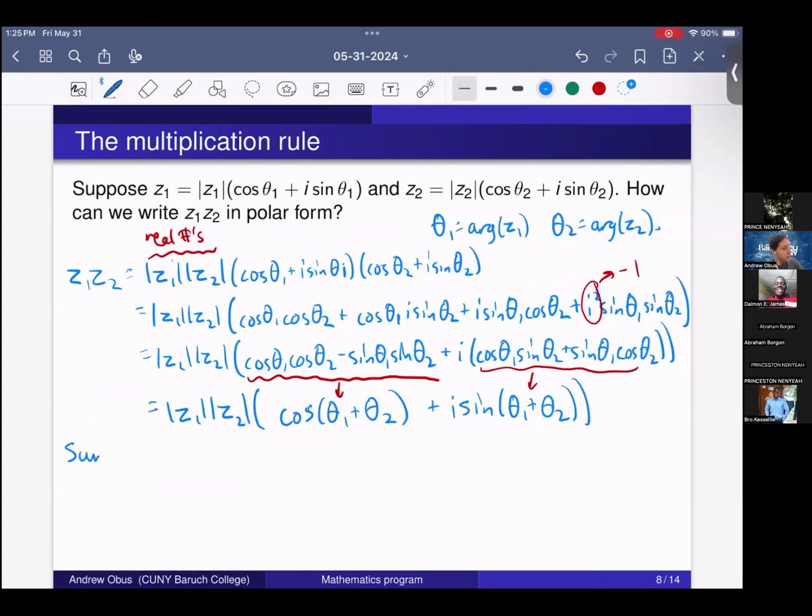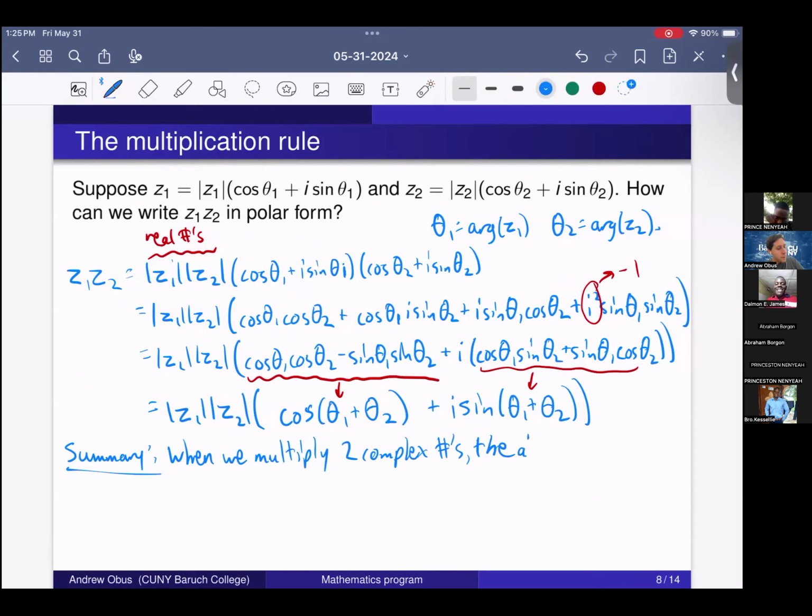Summary. So what happens? Well, when we multiply two complex numbers, what do we have to do with it? Well, this is the product, right? So it looks like the absolute values multiply and the arguments add.